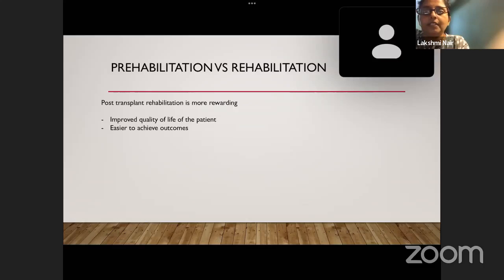A good rehabilitation program is very essential, and improvement in the 6-minute walk test we target before we take the patients for surgery. Post-transplant rehabilitation is more rewarding, I feel, in the sense that we can immediately see the improved quality of life of the patient. They come out of the oxygen support. It's easier to achieve our goals once they are post-transplant.